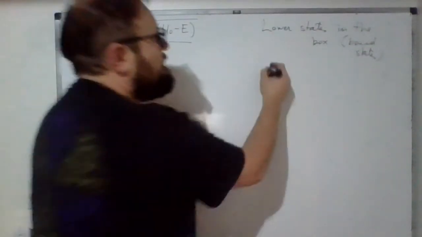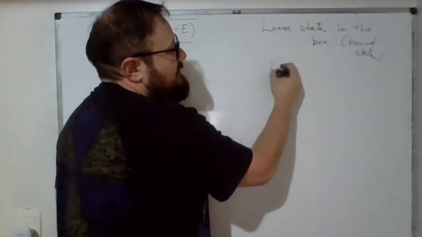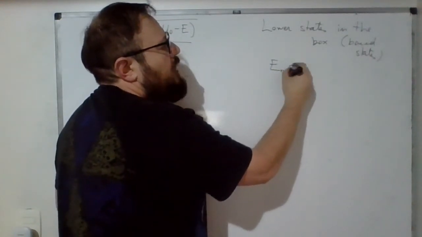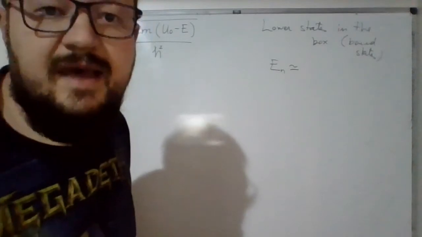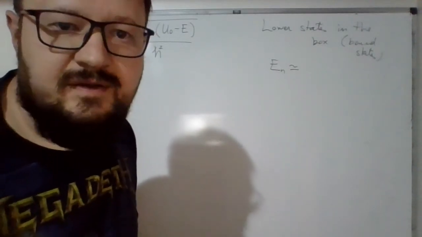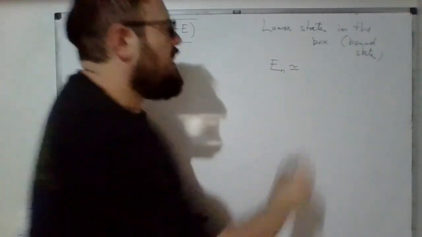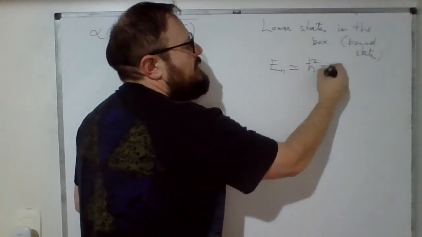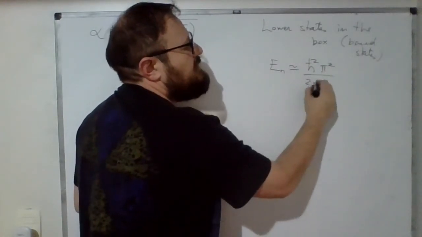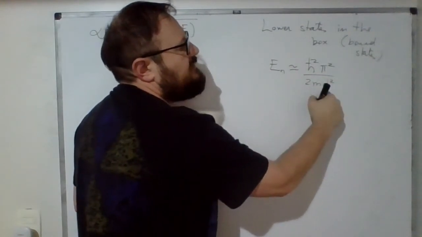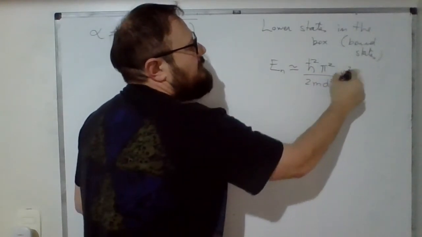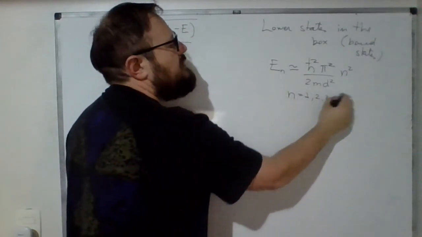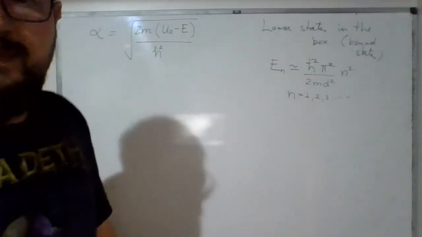So you can think that the energy levels for the lower levels correspond approximately to the levels of an infinite square well, which are h bar squared, pi squared divided by twice the mass, the size of the well squared, times some integer n squared, where n is 1, 2, 3, and so on.